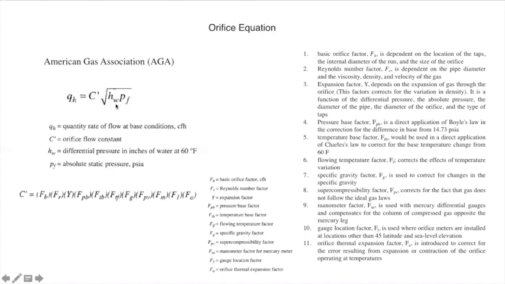HW is the differential pressure, which is being measured in inches of water at 60 Fahrenheit. Now 60 Fahrenheit is your base temperature, right? So HW is the measured differential pressure. If it is not 60 Fahrenheit, then you have to make some corrections, and this correction will be incorporated in the orifice flow constant, that is C dash.